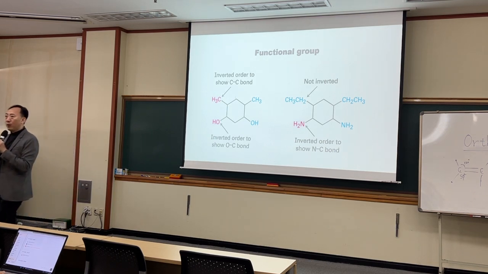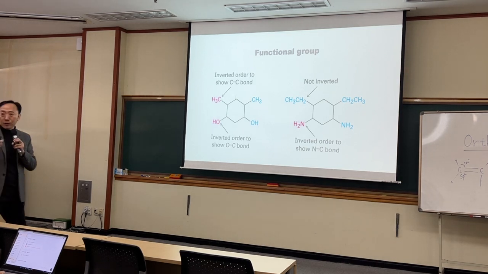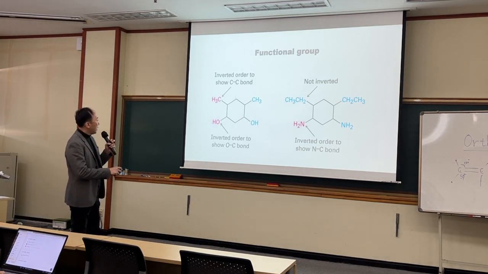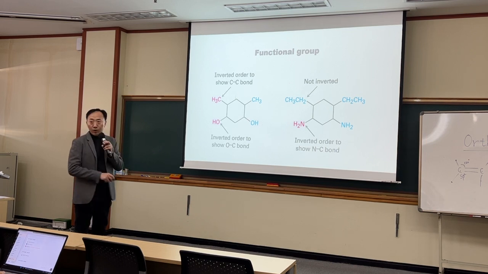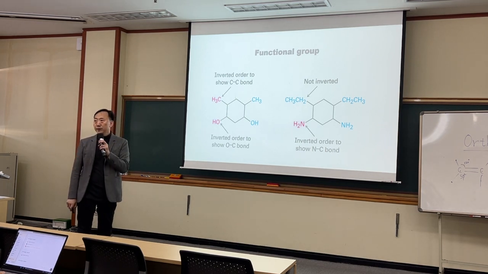So if you draw that way, there are small rules. If you put it this way, we don't put HO, because we want to show O is connected to carbon. So this is conceptually more straightforward to understand. Same way, OH and HO are reversed, but connection-wise, O is connected. Same thing.